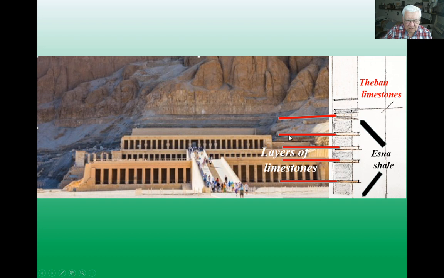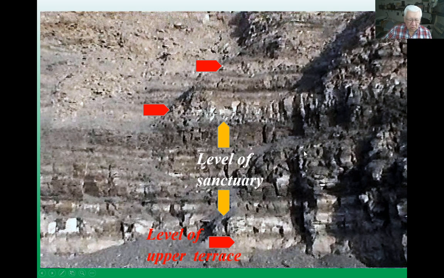Some of them are well seen in profile. If we look more closely at this upper part of Esna shales, we have layers of light limestones intercalated with Esna shales, soft and cracked because of tectonics. And again we have a layer of limestone and shales, and again limestone and shales, and above there are Theban limestones.